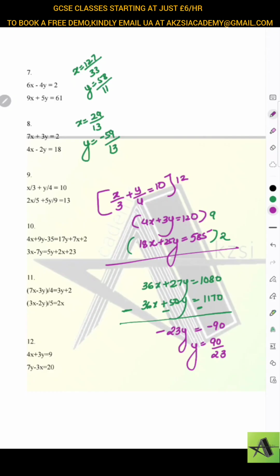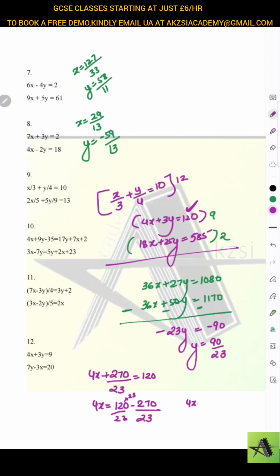Because we have already calculated the value of y, put it in either of the equations. Let me just substitute it here, and easier would be this one. So 4x plus 270 over 23, I have already substituted y as 90 over 23, and it's equals to 120. 4x is equals to 120 minus 270 over 23. Obviously we have to take the LCM, which is 23 in this case, so multiply and divide by 23 here.